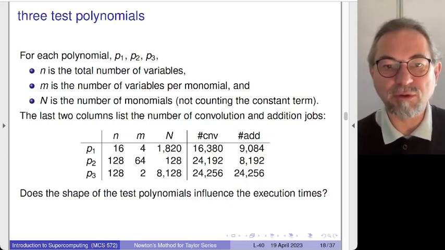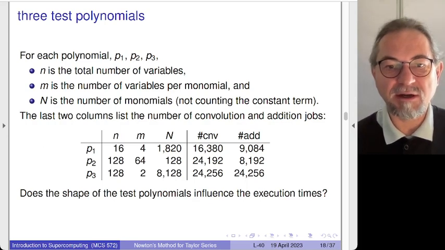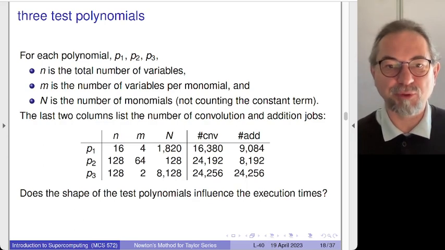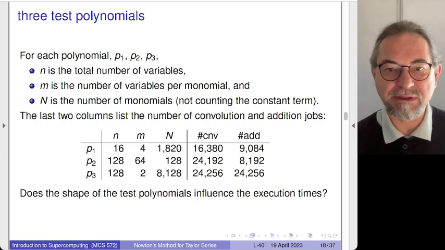Then there is the total number of polynomials, and we have polynomials of very different shapes: polynomials that have very few variables but many terms, and then polynomials that have relatively few terms, like this P2, but many variables. So the nonlinearity of the polynomial.